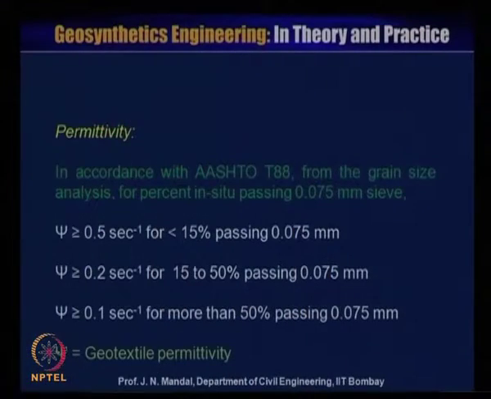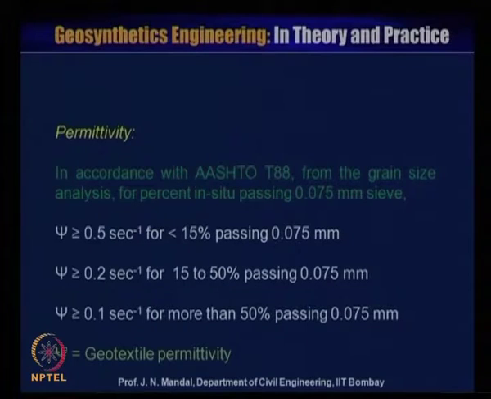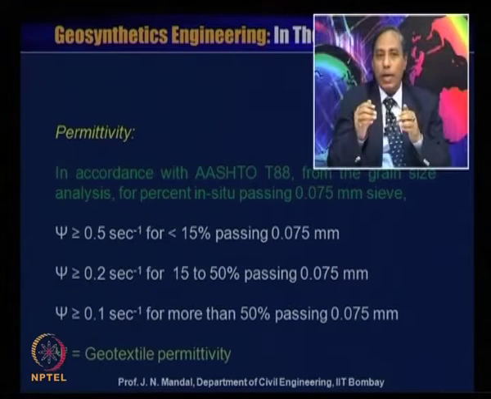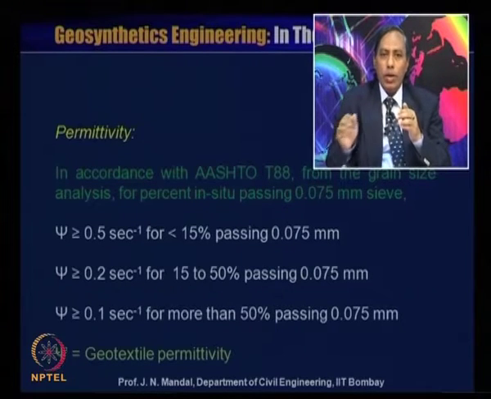Now, permittivity in accordance with ASTM D4491, from the grain size analysis, for percentage of in situ soil passing the 0.075 millimeter sieve: the psi value should be greater than or equal to 0.5 per second for less than 15% passing 0.075 millimeter, psi greater than or equal to 0.2 per second for 15 to 50% passing 0.075 millimeter, and psi greater than or equal to 0.1 per second for more than 50% passing 0.075 millimeter, where psi is equal to geotextile permittivity.